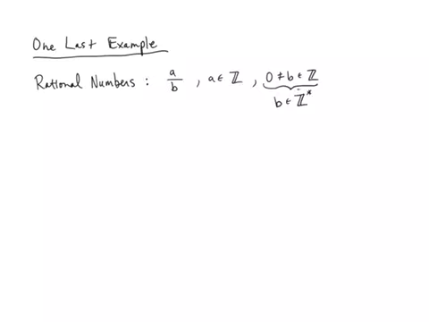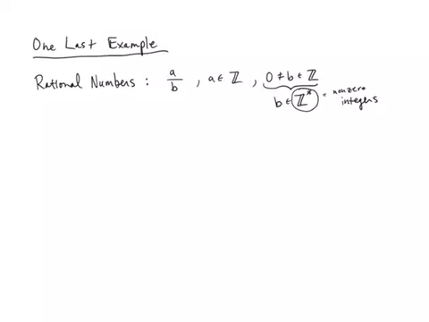So this Z star, the star is a common notation for removing zero from the set of numbers you're talking about. So this is the non-zero integers. And so you might in the future see R star or Q star or other things star.